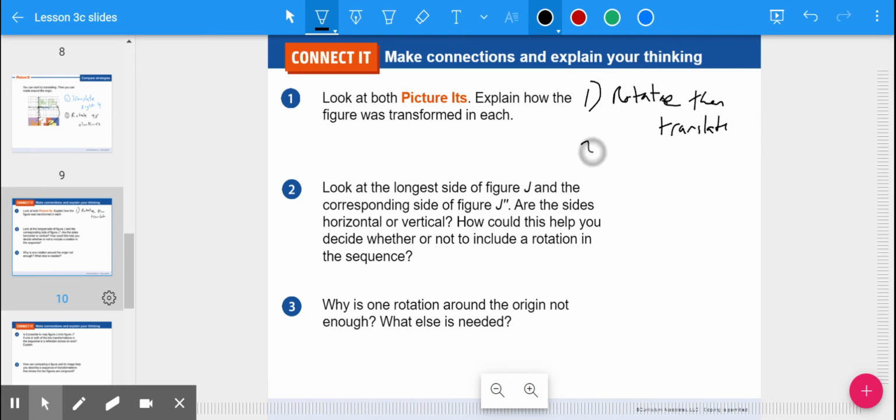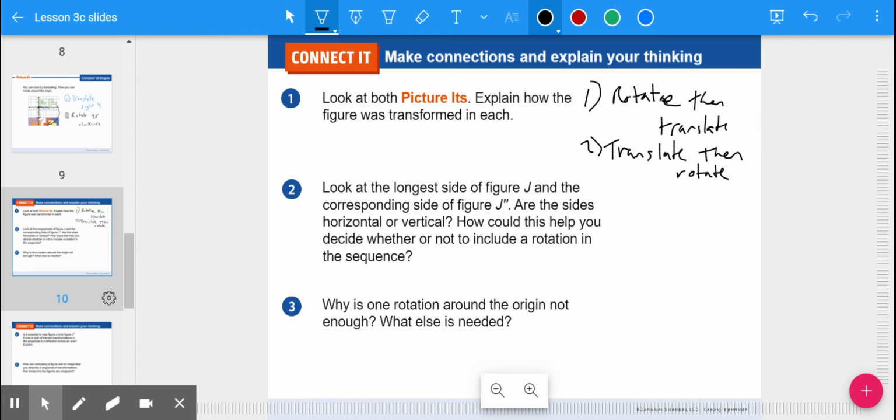For the sake of writing, I'm just going to summarize that. As long as you wrote it on the other slides, otherwise make sure you write it in here, because we did a translate and then a rotate for the second one. Maybe you found another way to make it work, but be careful that the distance and the rotation of everything is accurate.